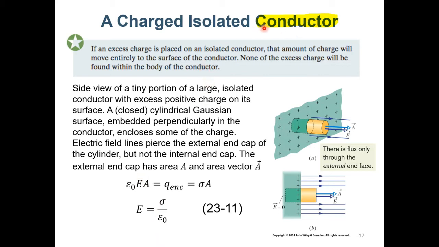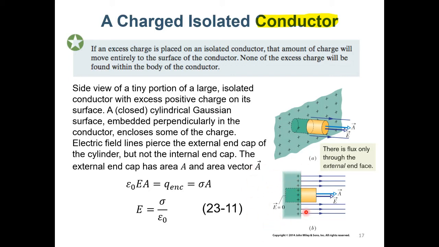So the point here is that for a conductor, suppose it has some thickness, all the charge should be distributed on the surface only. The charge will not go inside, will not be distributed inside, in the steady state.